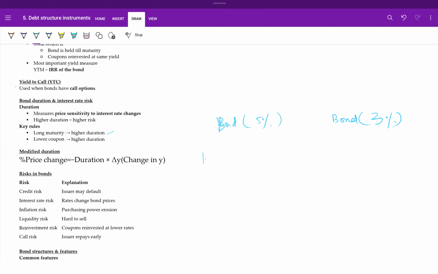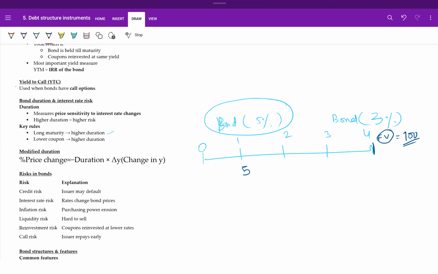To understand this, initially you invested at 5%, and let's assume the coupon rate is 5% and the face value is 100, just for simple calculation purposes. So they gave you 5 rupees, or $5, here.